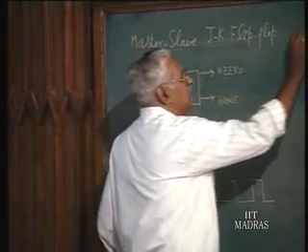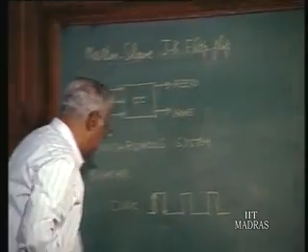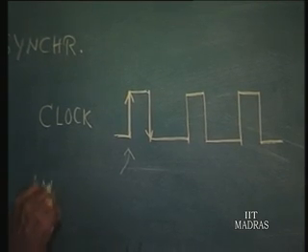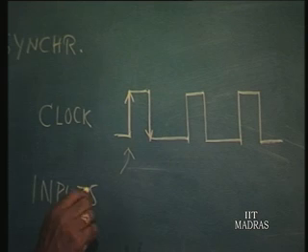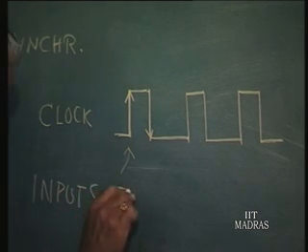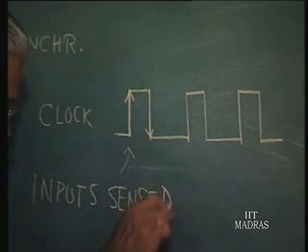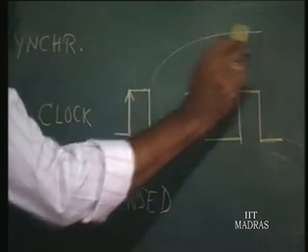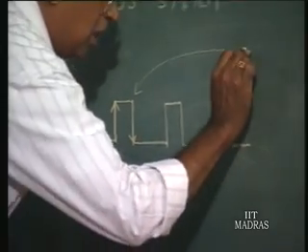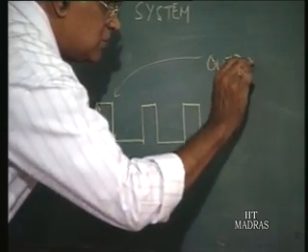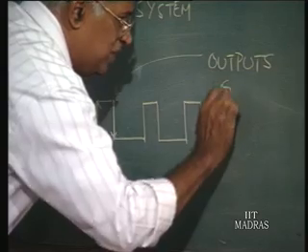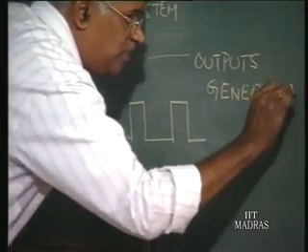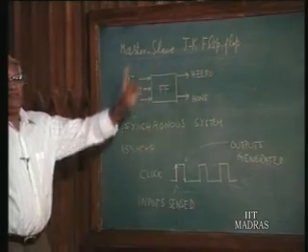In other words, on the rising edge, inputs are sensed, and on the falling edge of the clock, outputs are generated. This in fact is the principle of the master slave.